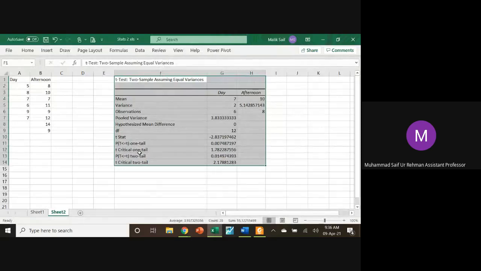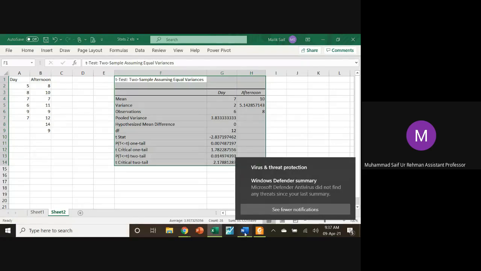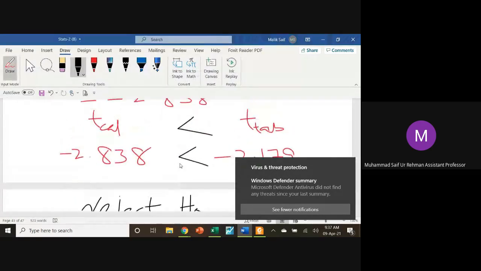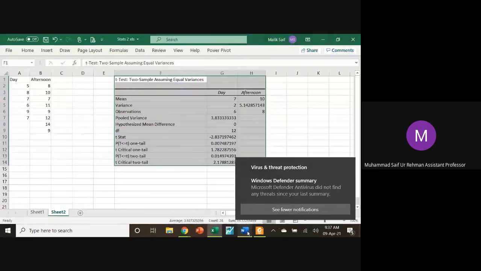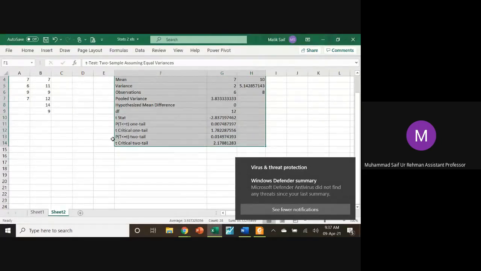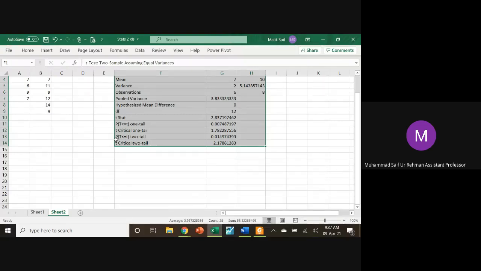Clear? Then you can see the critical value 1.782 for one tail. T critical one tail, t critical two tail. So basically this is P, the probability value. If you see exactly, this is this value, 0.007.